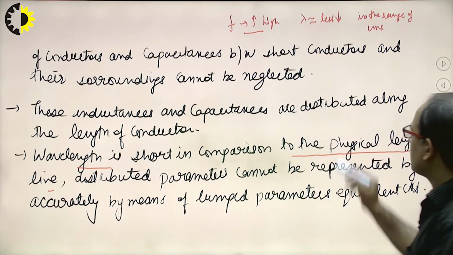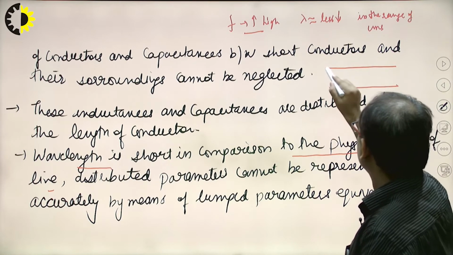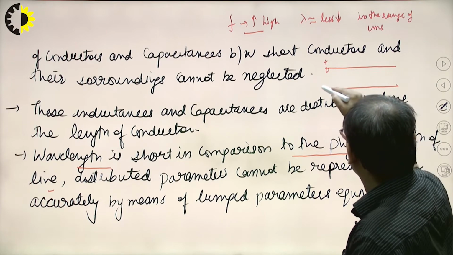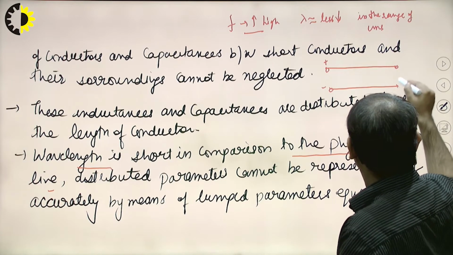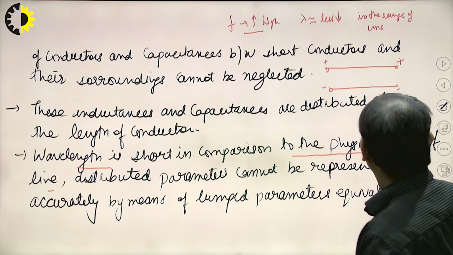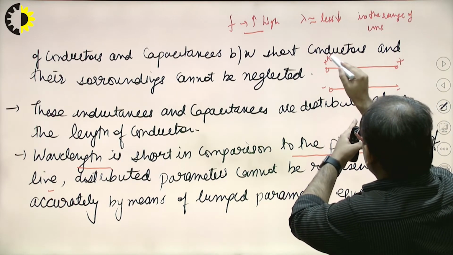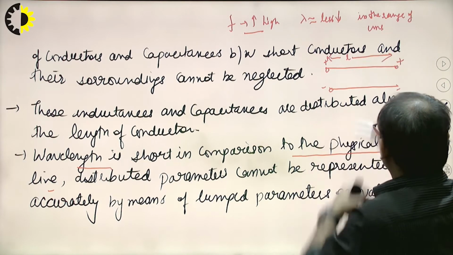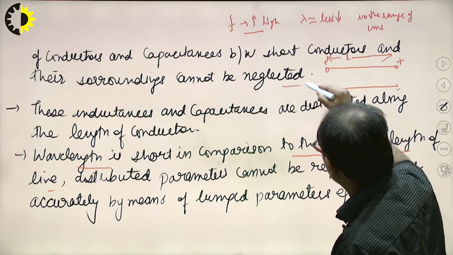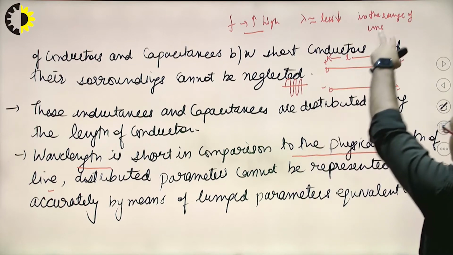Wavelength is short because if I say this is a transmission line, this one is positive, this one negative. Clear? Let's say the physical length of this transmission line is L, and the input signal frequency is very high, so its wavelength will be in the range of centimeters.